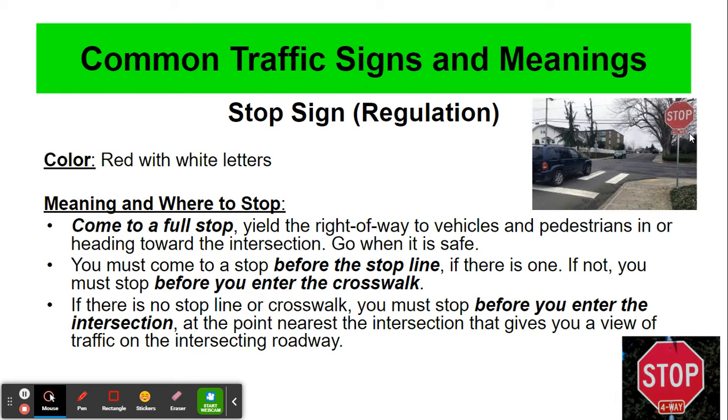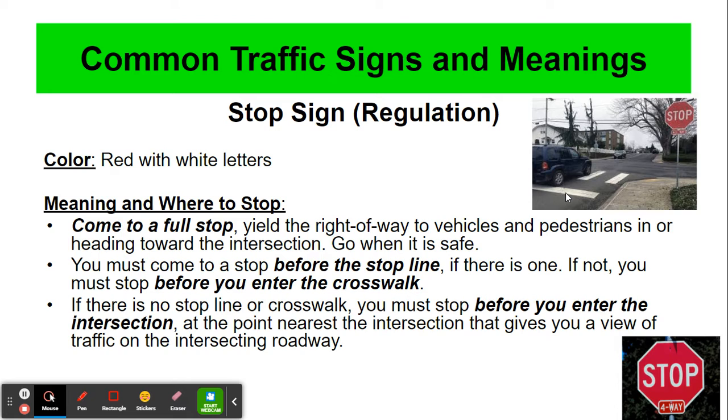Here's how we do this. If there is a solid white stop line, then we stop a foot before the solid white stop line, so you can see it. There are many reasons for this, but if nothing else, it's because of the law.